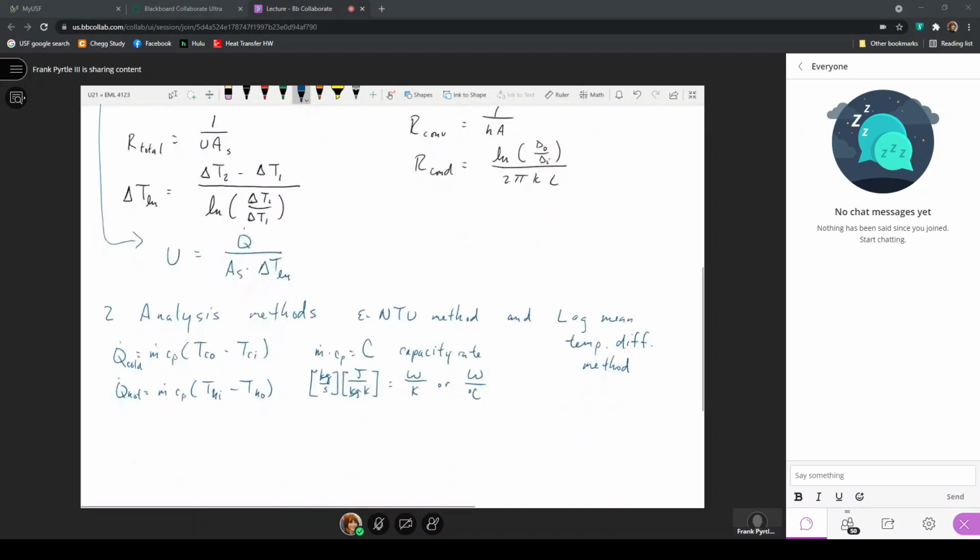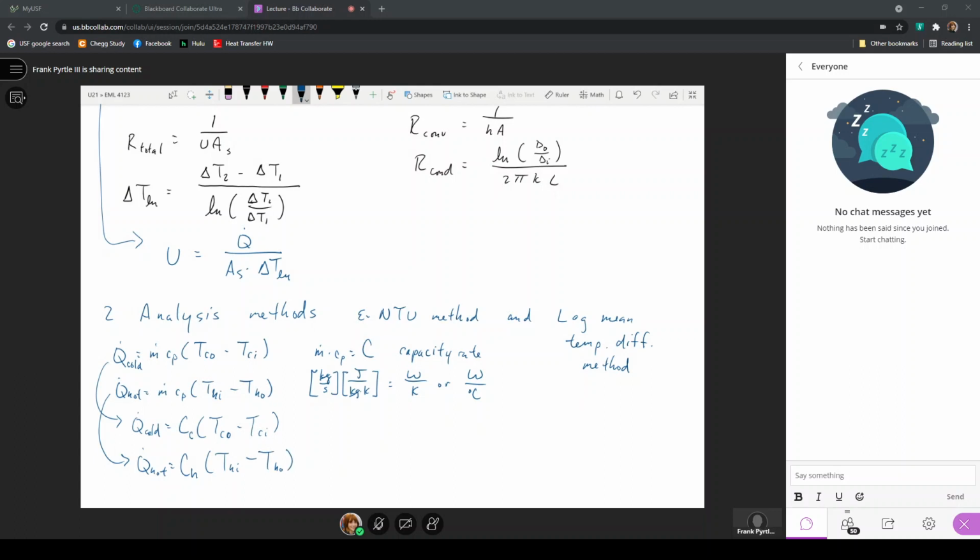And often you may see this as Q dot cold is equal to C times T sub CO minus T sub Ci. And we'll usually write this as C sub C. This is the capacity rate of the cold fluid. And for the hot fluid, this will be the capacity rate of the hot fluid, C sub H times T hot in minus T hot out.